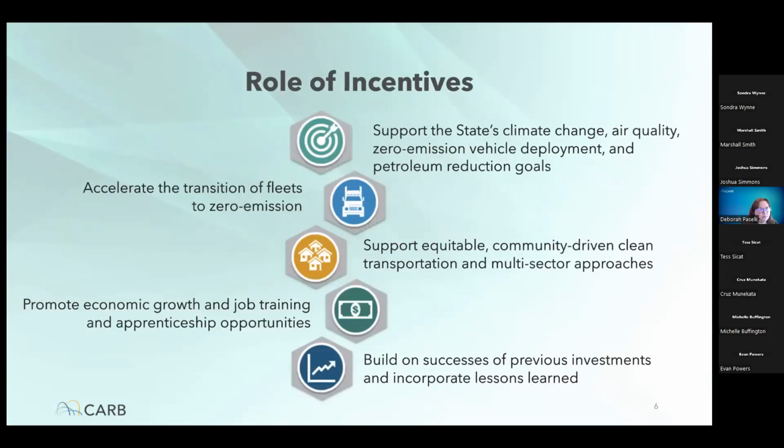Incentives play a critical role in today's ever-changing landscape, and California is leading the nation, and some may say the world as well, in the transition to cleaner technology, including zero-emission technology.